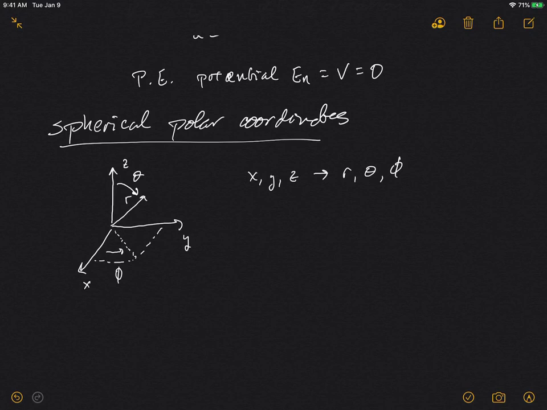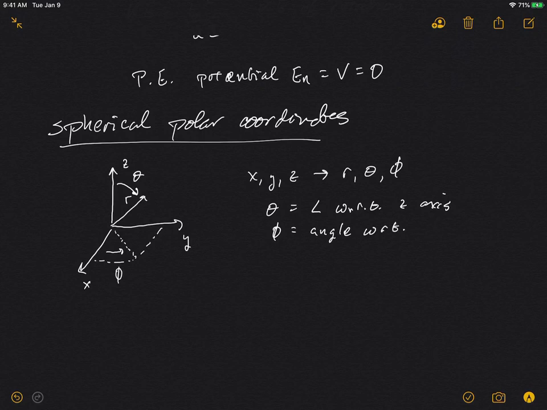And again, let me just write out that theta is the angle with respect to the z-axis, and phi is the angle with respect to the x-axis of the projection onto the xy plane.